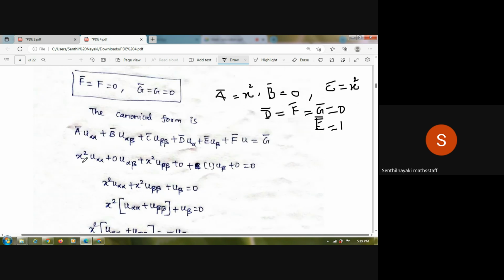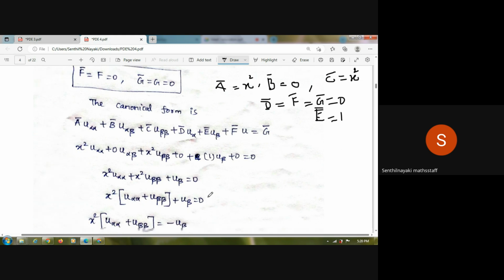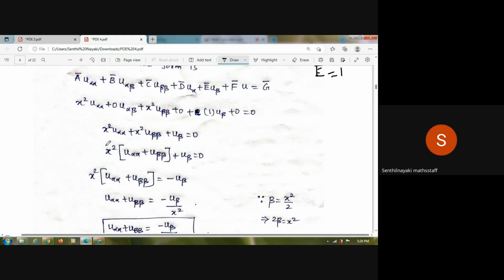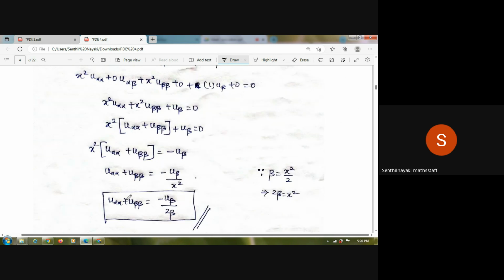So we have x square u alpha alpha plus x square u beta beta plus u beta equals 0. We can take x square as a common term, therefore the equation becomes u alpha alpha plus u beta beta equals minus u beta by x square.